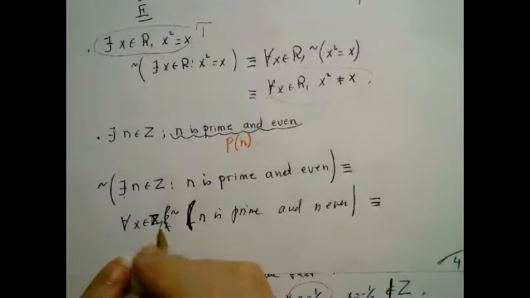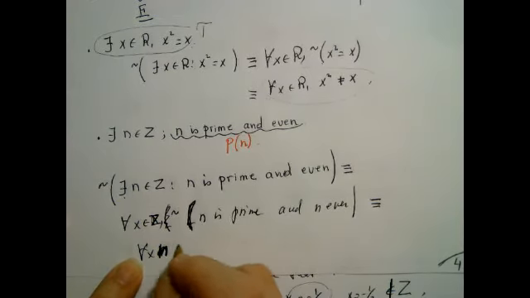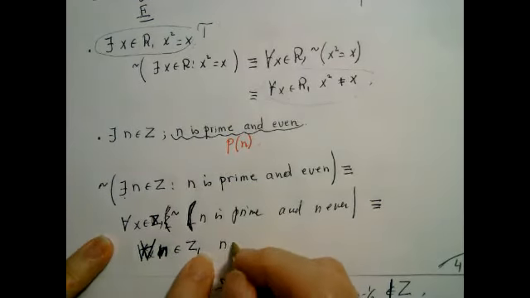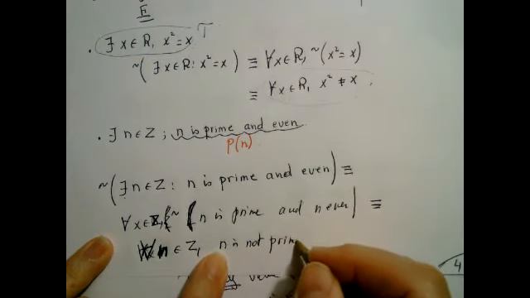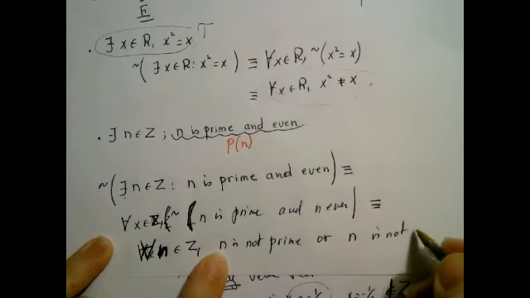Now I zoom in. For all n in Z, n is not prime, or n is not even, that is, n is odd.